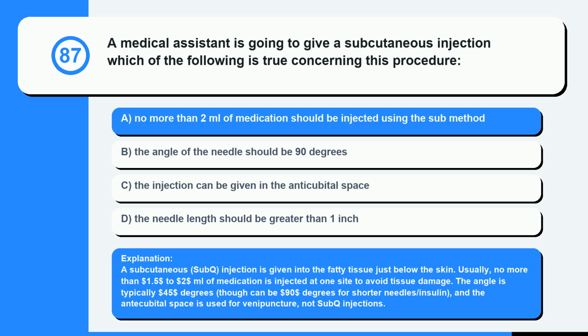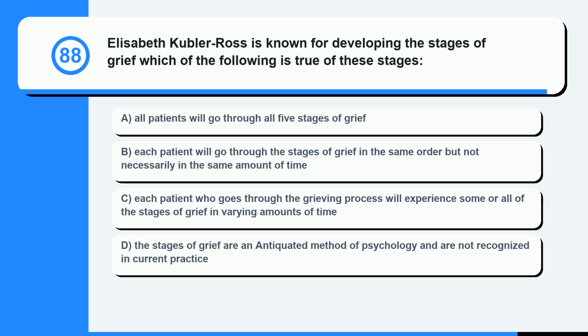Question 85. Which of the following formulas would correctly solve a dosage calculation problem? A. Ordered dosage / dosage on hand * amount of drug equals dosage to be given. B. Dosage on hand / ordered dosage * amount of drug equals dosage to be given. C. Amount of drug / ordered dosage * dosage on hand equals dosage to be given.